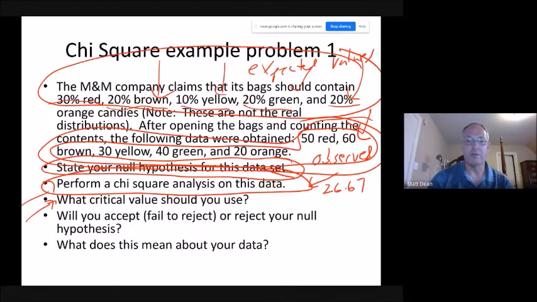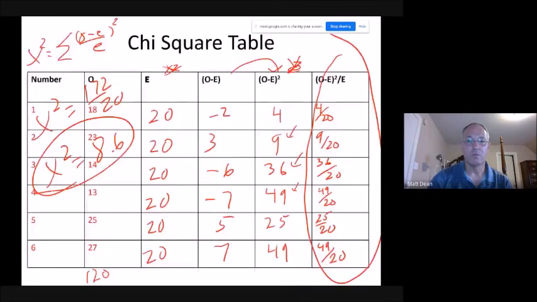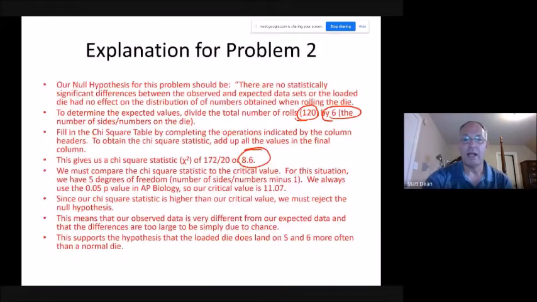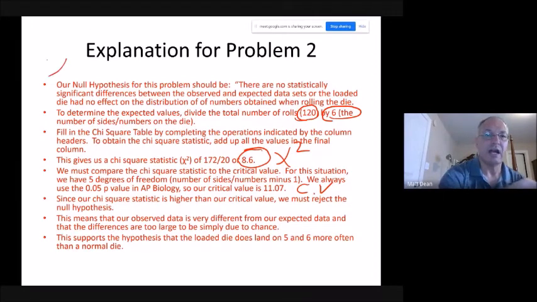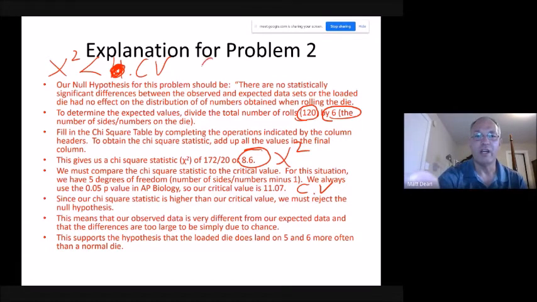So in this case, we had a chi-square value of 8.6 and a critical value of 11.07. So in this case, chi-square was less than our critical value. And when that's true, you fail to reject the null hypothesis.